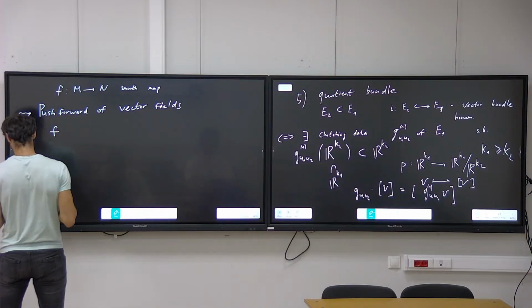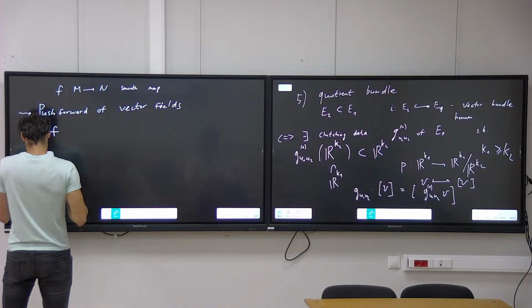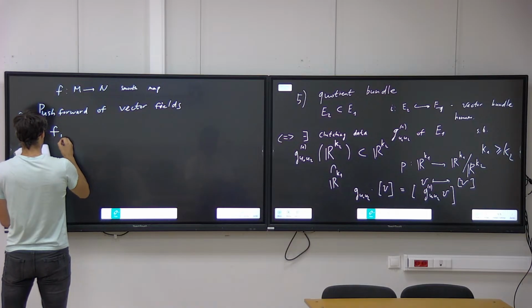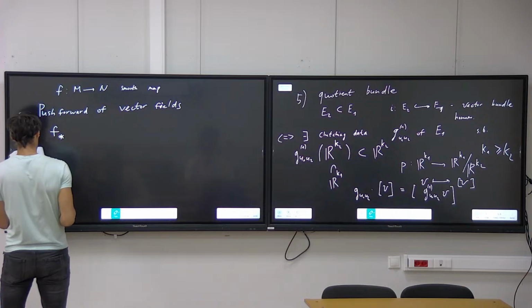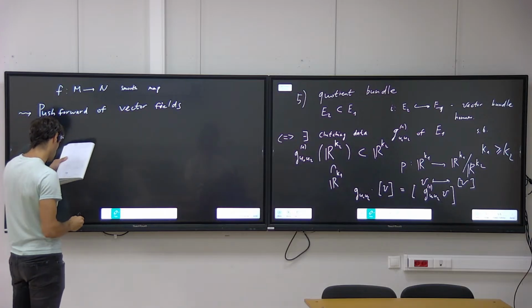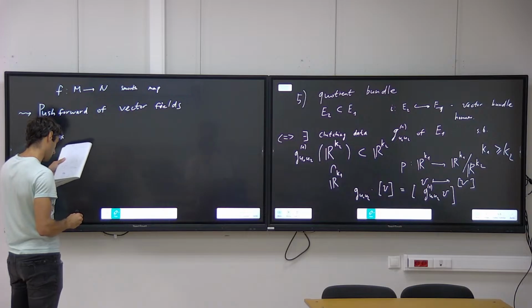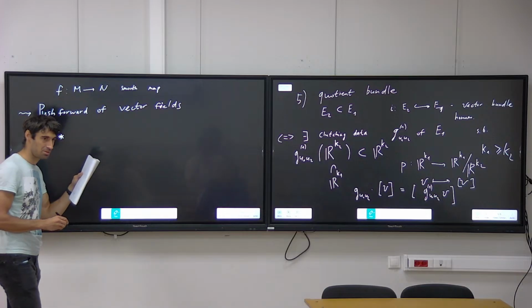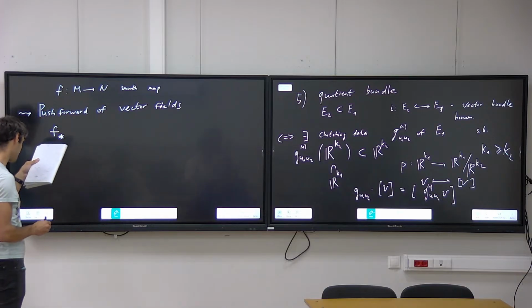The corresponding notation is F with, I don't know, it's always a struggle, is it lower star or upper star? I will follow my nose. I think I spent some time trying to figure out which one is good last year.